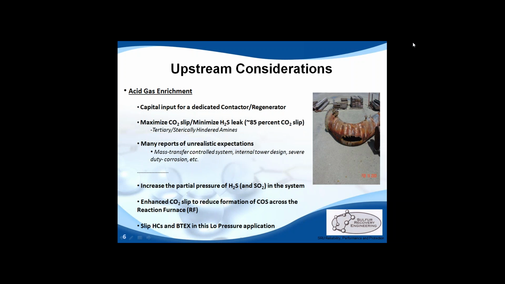We want to maximize the H2S content in the feed streams coming to the SRU. As a result, we want to minimize the amount of CO2 present in those streams. At the reaction furnace, we're trying to have a burn or a fire. We don't want to be adding CO2.